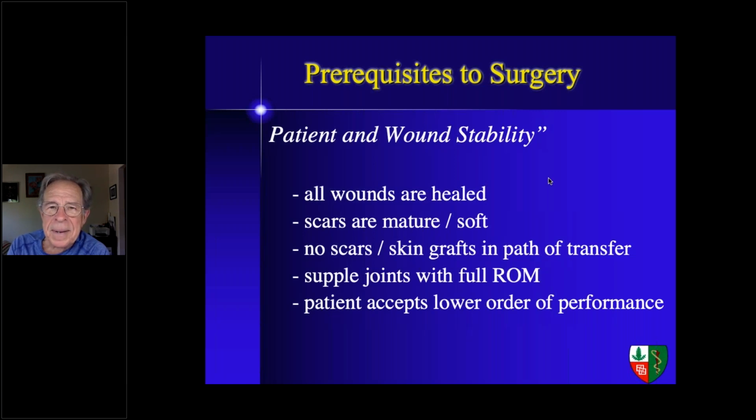The joints need to be supple with as full a range of motion as you can get before considering a transfer, because your transfer is not going to make stiff joints work. You have to have the joints supple in order for the transfer to work. And importantly, the patient has to accept a lower order of performance. It's not going to be as good as the original equipment.